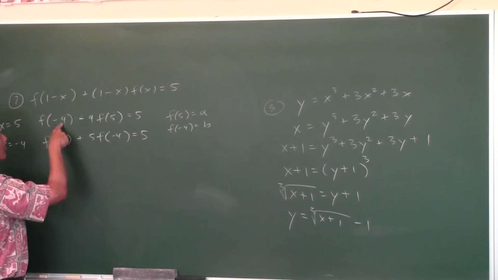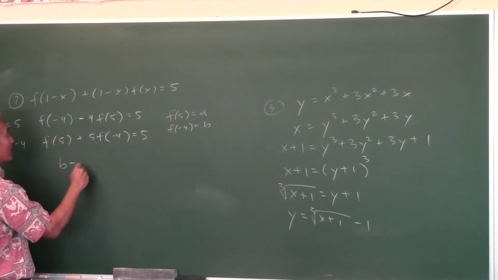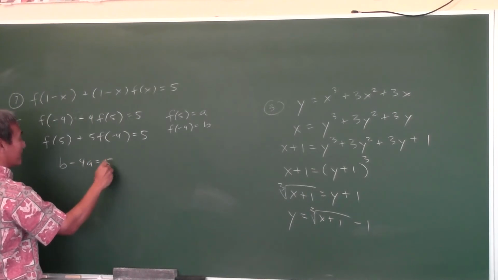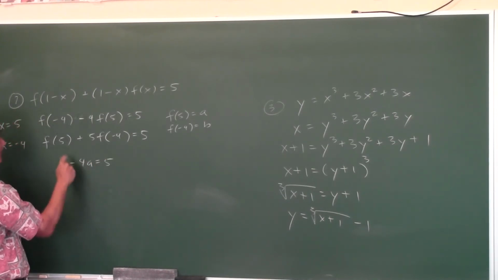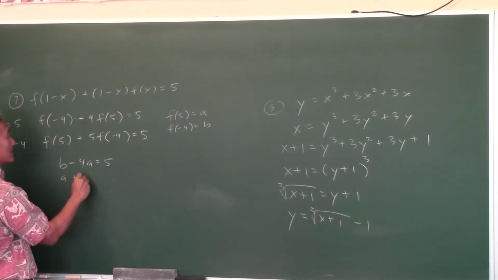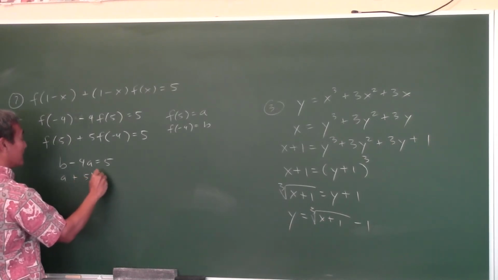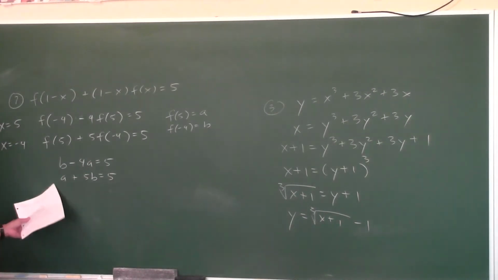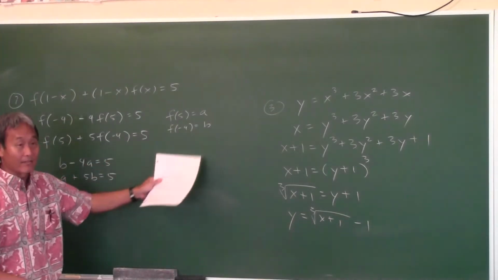Minus 4a plus b equals 5. Now what about this? a plus 5b equals 5. Now do you see it's 2 equations, 2 variables? Oh yeah. So what are we trying to find, A or B? We're trying to find A, because f of 5, right?